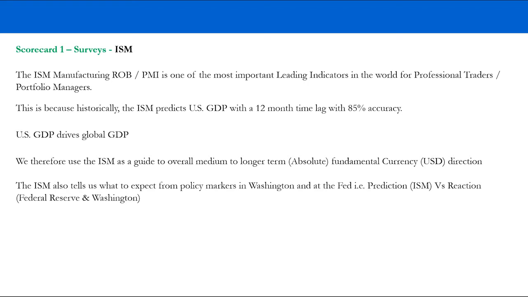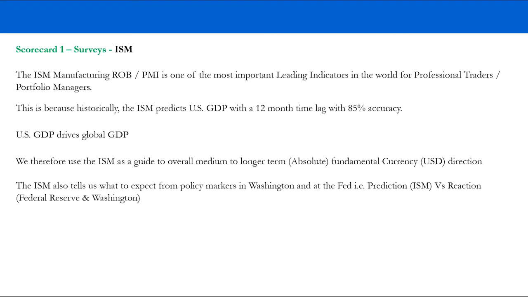And the ISM, the report on business, the PMI, it's overall one of the most important leading indicators in the world for professional traders. Historically, the ISM has predicted US GDP with a 12-month time lag with 85% accuracy since data began.